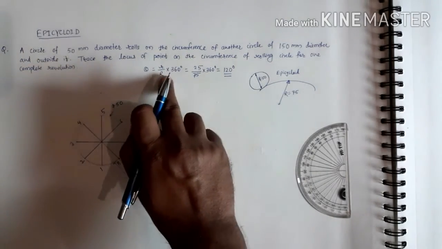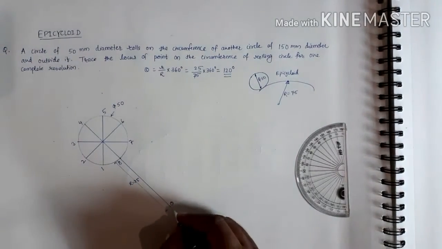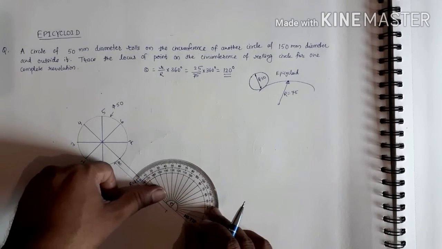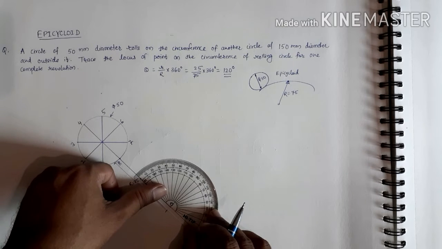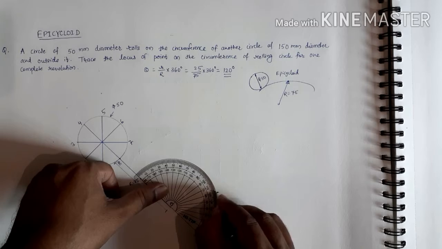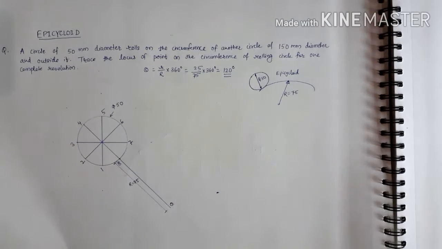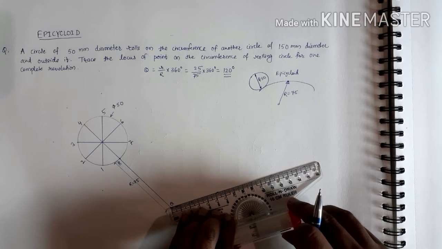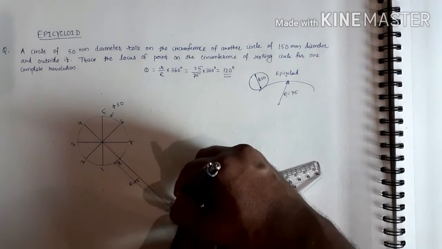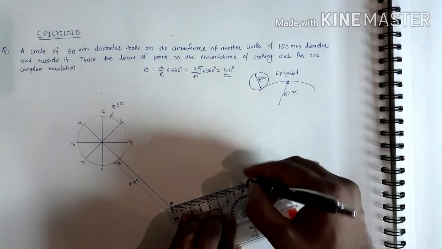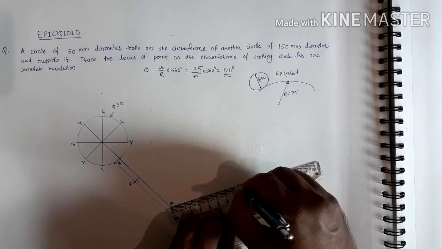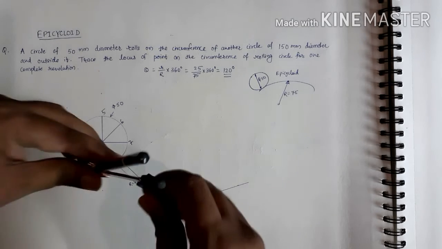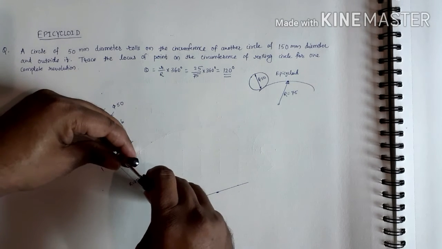So the small circle will rotate by 120 degree in one revolution. So measure 120 degree from point O.